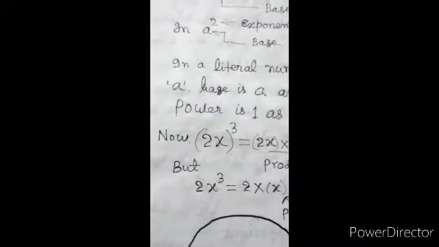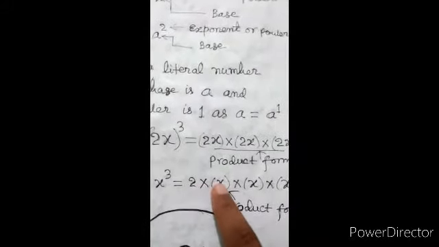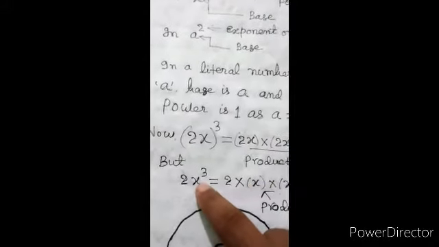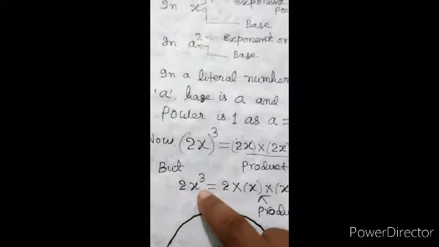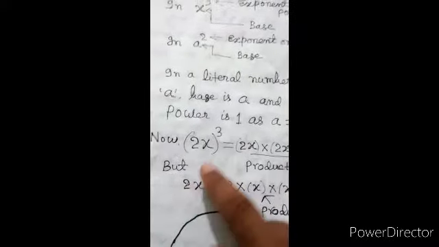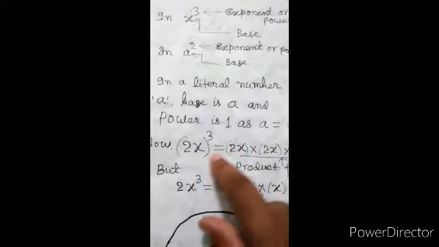But 2x cube will be expanded as 2 into x into x into x, because power 3 is of x. Power of x is 3. It is not power of 2. But here 3 is power of 2x.